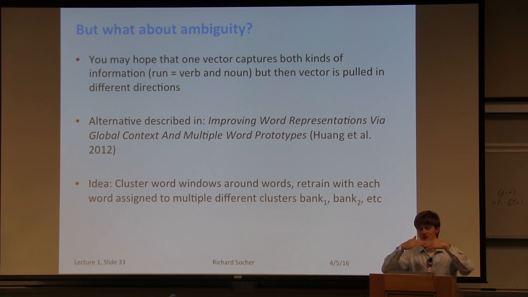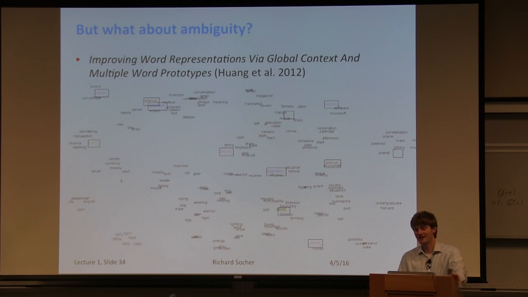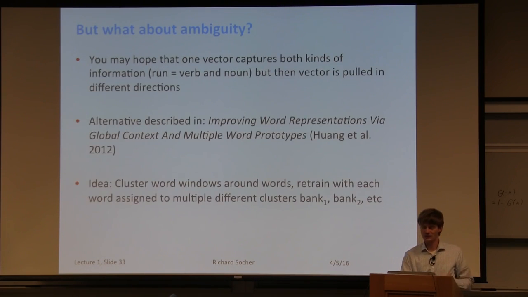And now you just cluster all of these with some simple method like k-means. And then you assign IDs to each of the words based on those clusters, and then you can train with each word having multiple indices and multiple meanings and multiple vectors. So you will eventually have bank 1, bank 2, bank 3, and so on.